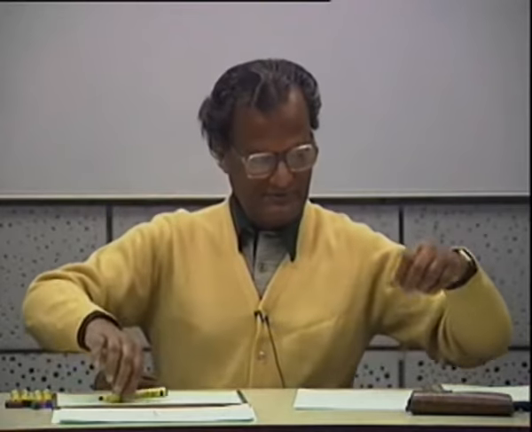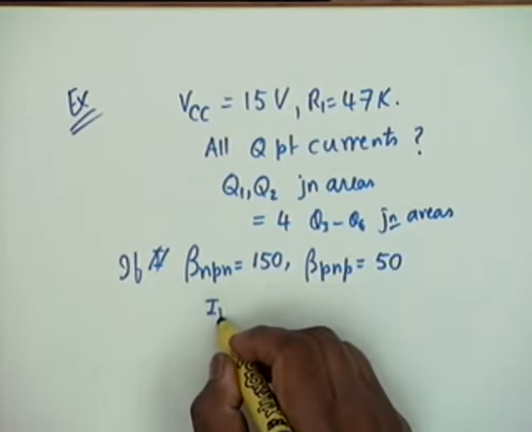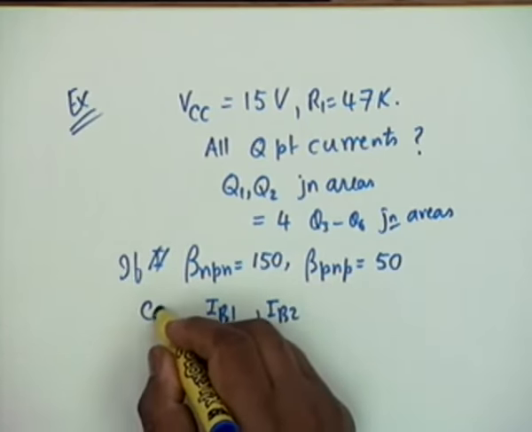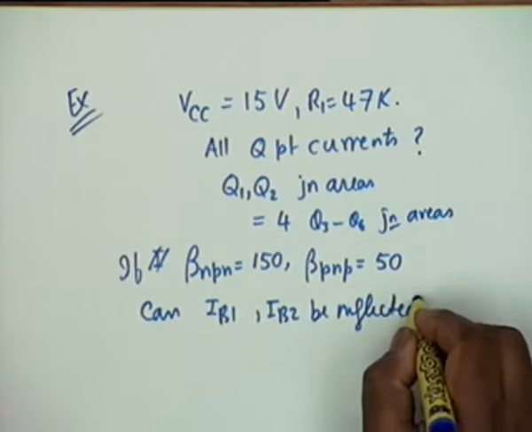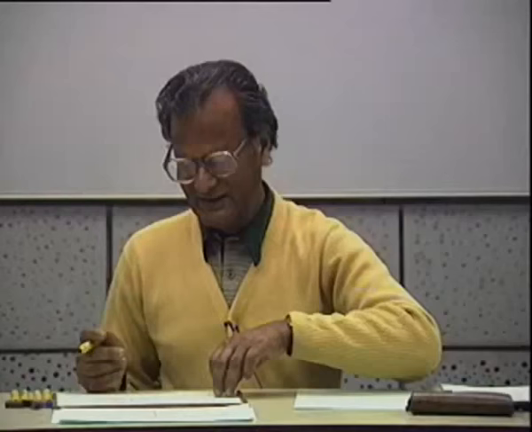The power input does not have to deliver any power. All the power we shall extract from the power supply. So, under this condition, can IB1 and IB2 be neglected? This is the second part of the question. It's a simple example, but it illustrates a number of points, and that's why I take this example.